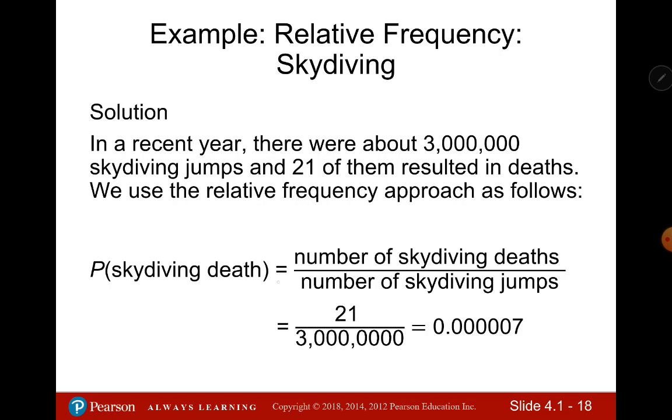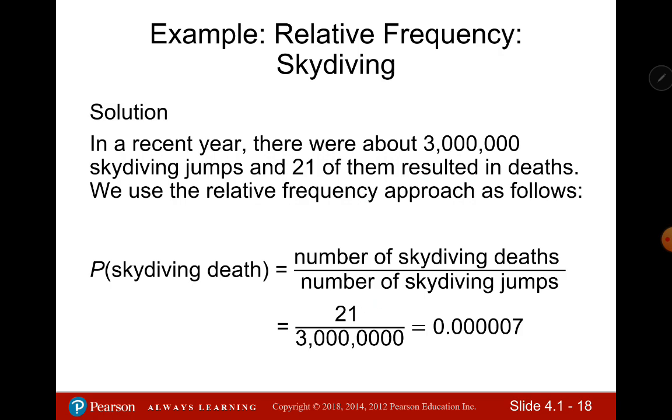So if we are interested in the probability of death, death is our event A, right? According to the formula, the numerator will be the number of times A occurred. From the background, we know 21 of them resulted in death. So 21 is our numerator.